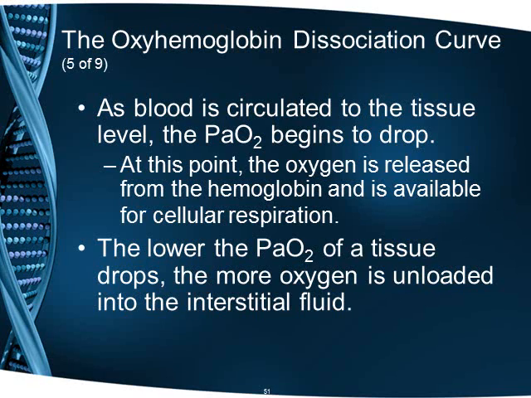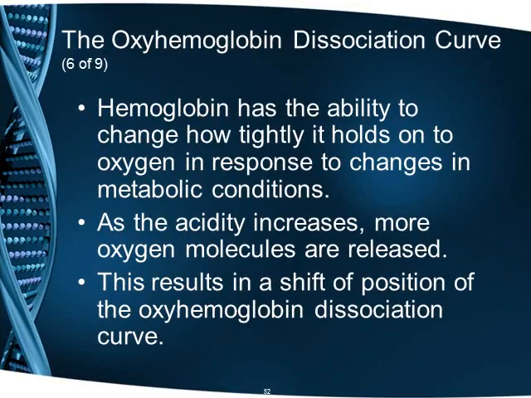The lower our partial pressure of oxygen in the tissue, the more oxygen is unloaded into the interstitial fluid. Okay. So as our plasma levels of oxygen drop, our hemoglobin is going to start dropping oxygen off into the plasma, okay? Because it's going to notice that it's dropping.